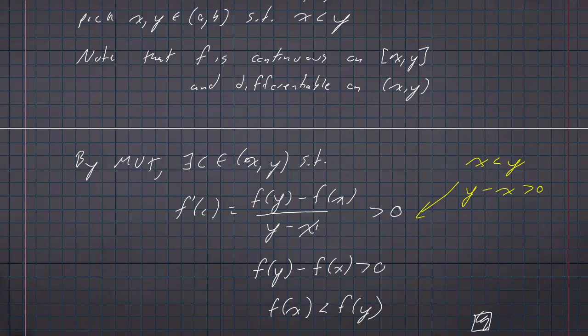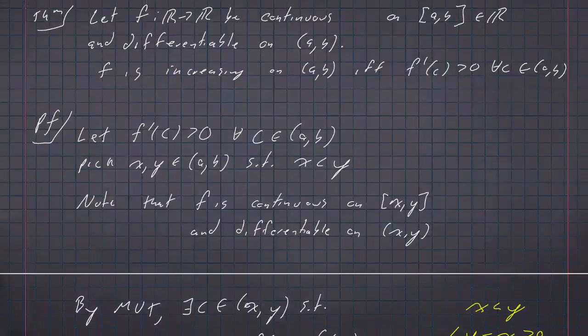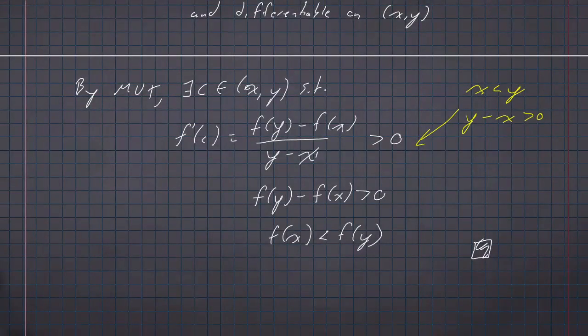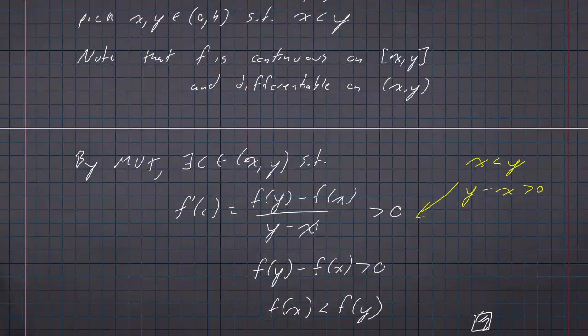So that's only a proof of half of the theorem. The other half, like I said, comes back to: if the function is increasing, then f prime is positive, which is kind of our earlier statement. And we could prove the same thing for decreasing.